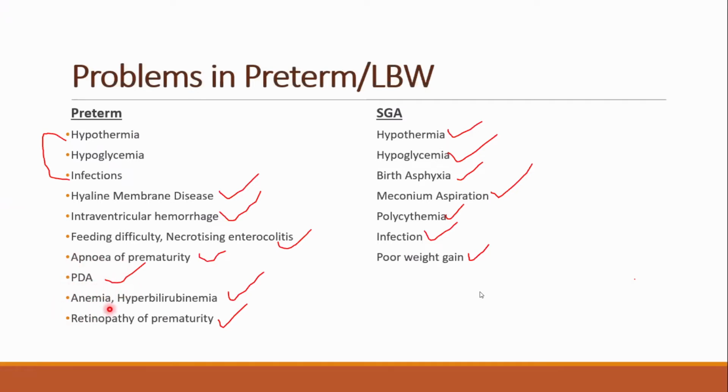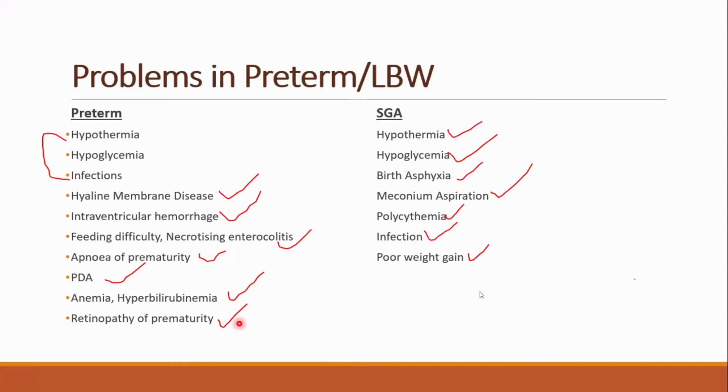Anemia can be prevented by avoiding unnecessary pricking of the child and unnecessary blood draws, and we start iron early in life. Retinopathy of prematurity is prevented by judicious use of oxygen. We can prevent this by not using oxygen unnecessarily.